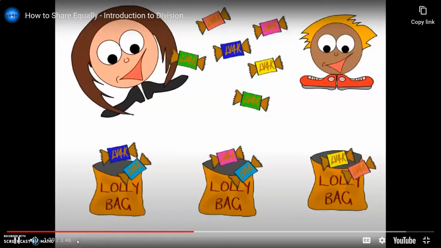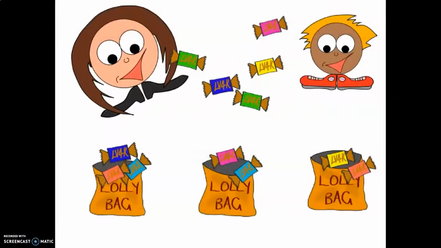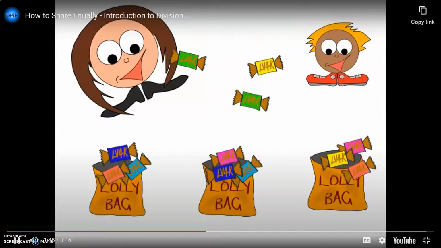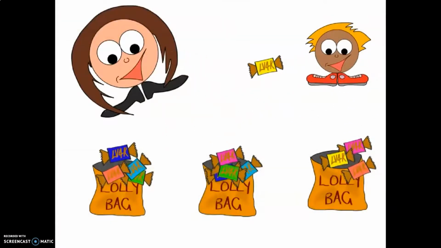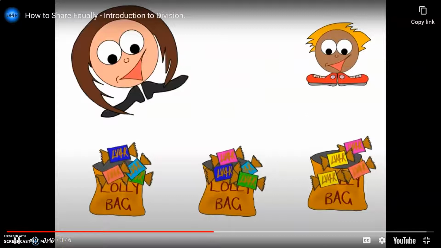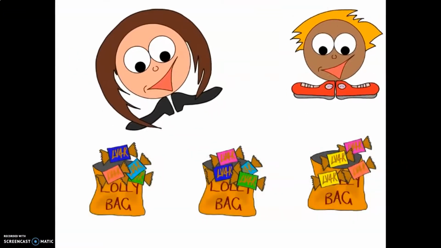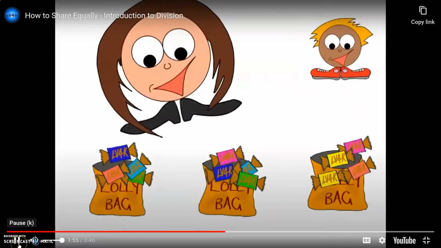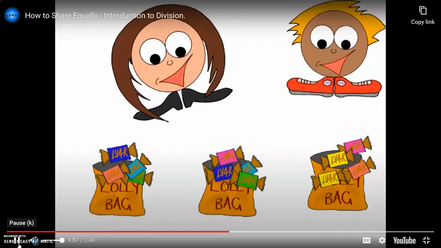Wonderful. I'll do the next one. 1 here, 1 here, and 1 here. And I'll do the last. 1 over there, 1 in the middle, and 1 over here. Excellent, darling. Now we have to check that everybody has the same amount in their lolly bag. Can you check how many Jimmy has? Okay.